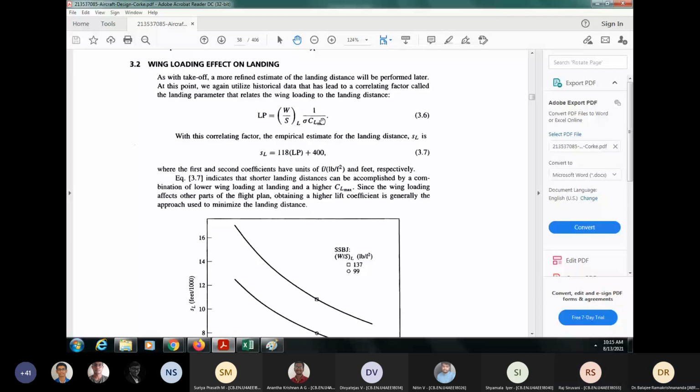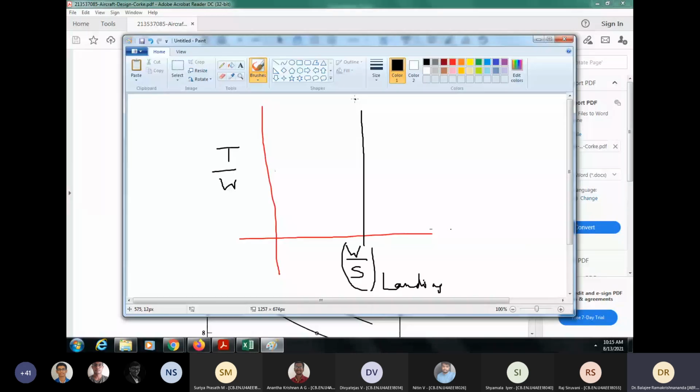These are the things. So plot these for various landing lengths. For example, this will be SL equal to say 300 meters. If you decrease SL, look at this expression. What does it say?